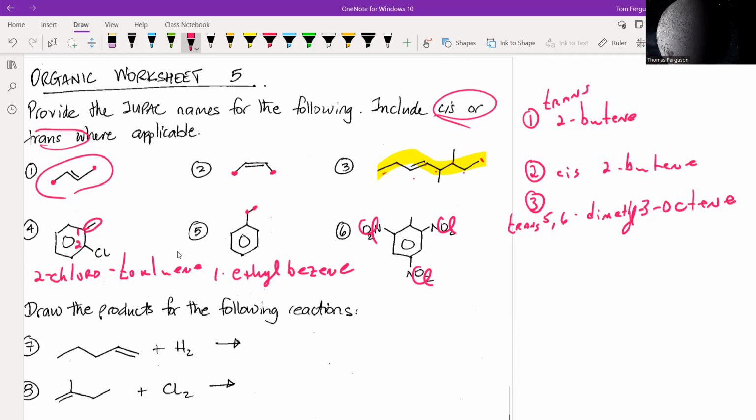And this last one is based on toluene again. So it's going to be 2, 3, 4, 5, 6.